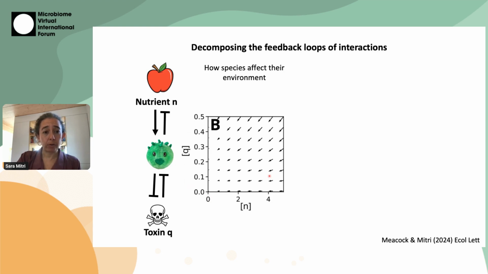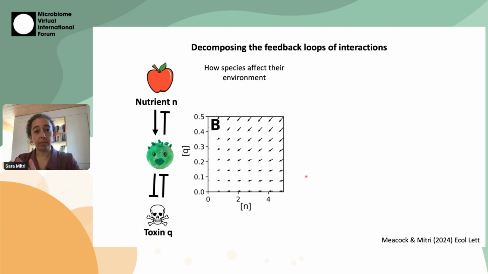These little arrows in the plot show in which direction the environment will go as this green species is growing. This green species can degrade the toxin. You can imagine that maybe the toxin is an antibiotic and the green species is resistant to it, so it can degrade the antibiotic. And there's also food that, of course, it takes up. And so as it grows, the whole system is going towards the 0-0 point where there's no more toxin and no more nutrient left.